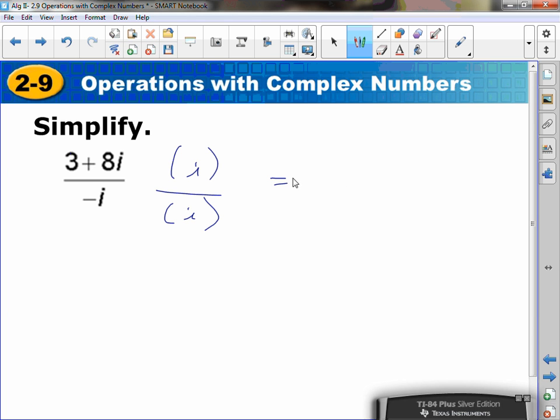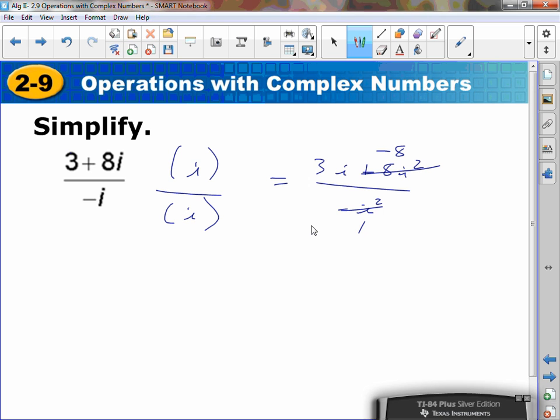So 3 times i is 3i. 8i times i, 8i squared. What's i times negative i? Negative i squared. What's i squared mean? Negative 1, so it makes this negative 8, makes this a positive 1.